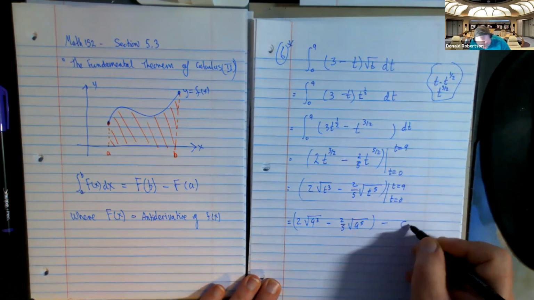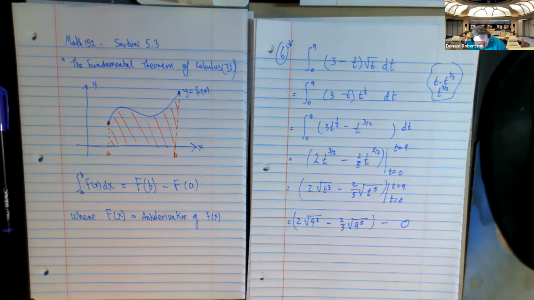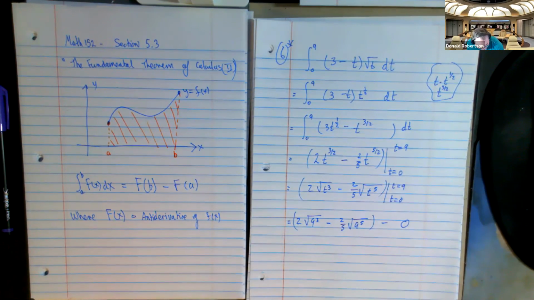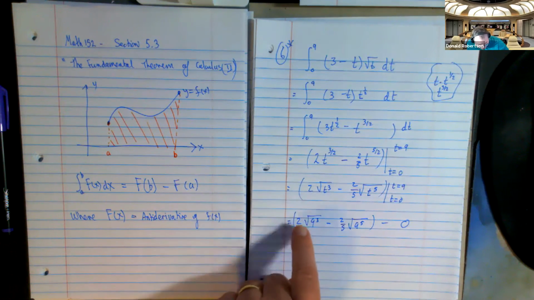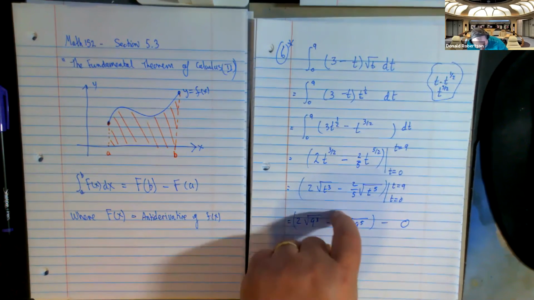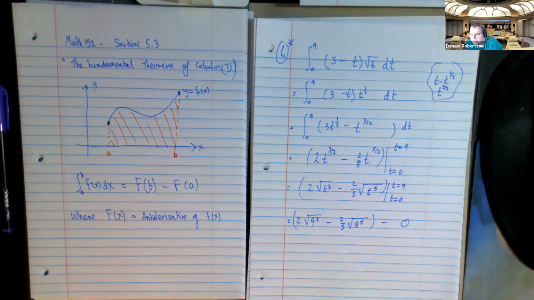The only good news is, isn't the second term just 0? Plug in 0 here and plug in 0 here. It's not that uncommon when you do these questions for typically the second one to be 0. If you know it's going to be 0, I wouldn't even bother writing 2/3 the square root of 0 cubed, take away 2/5 the square root of 0 to the 5. If you know the whole mess is going to be 0, just say minus 0 and save yourself some work.